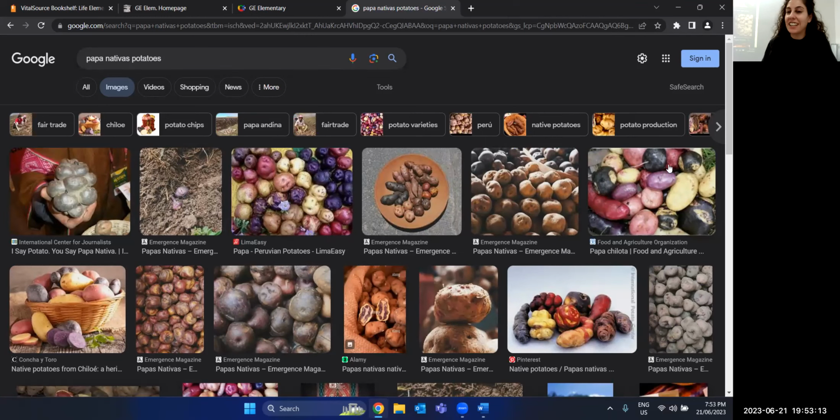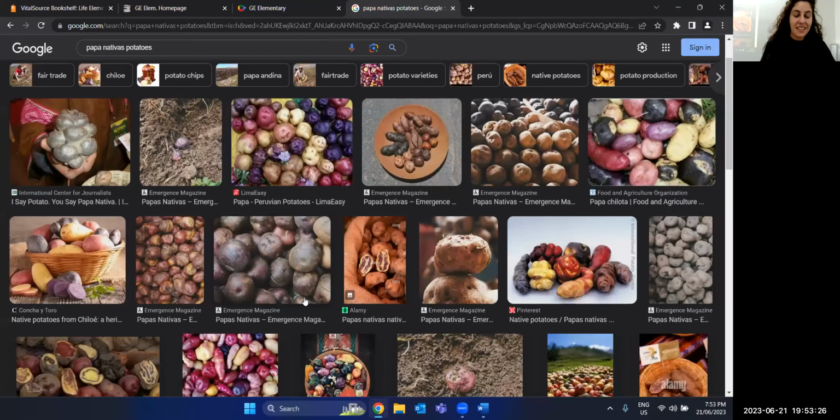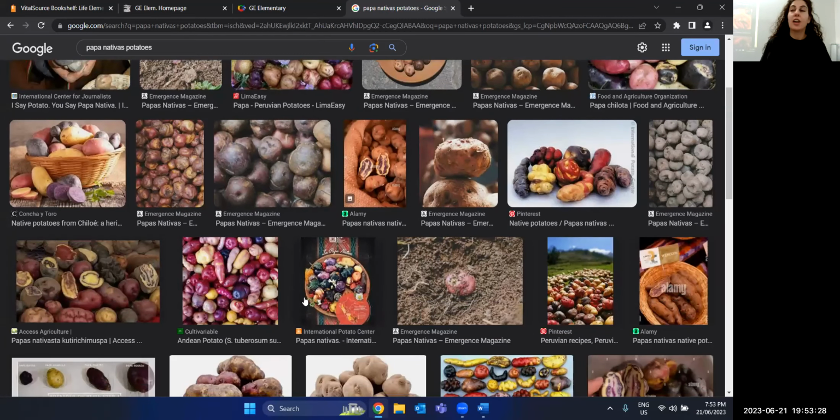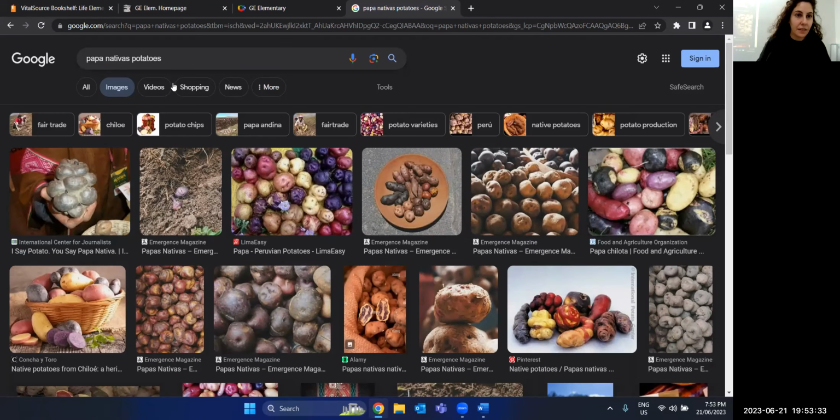I love the different colors, the rich purple inside, different color. Wow. This is beautiful. So these are a type of potatoes which are native to Peru. Very beautiful.